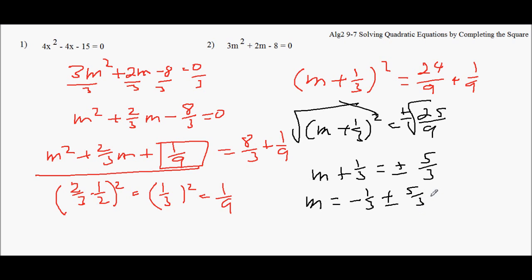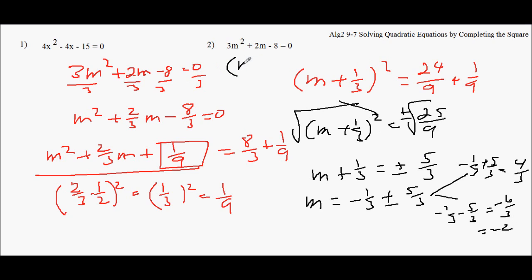Negative 1/3 plus 5/3 is 4/3, and negative 1/3 minus 5/3 is negative 6/3, which is negative 2. So the answer is m equals 4/3 and negative 2. And that's it. That's how you do it.